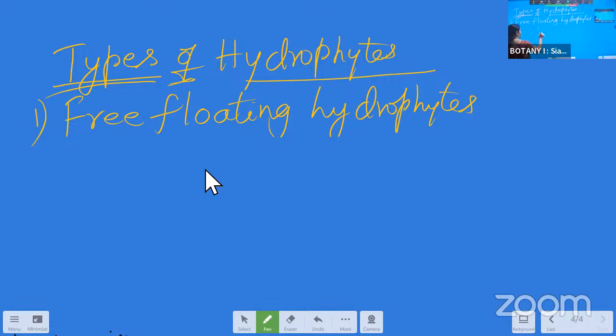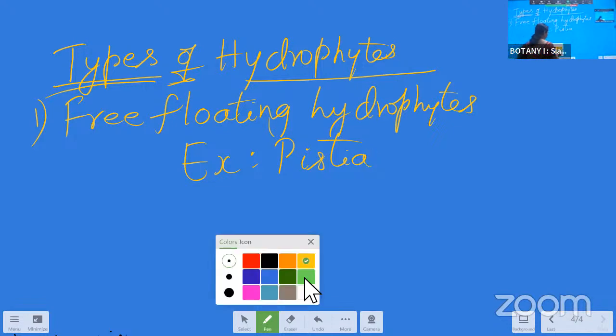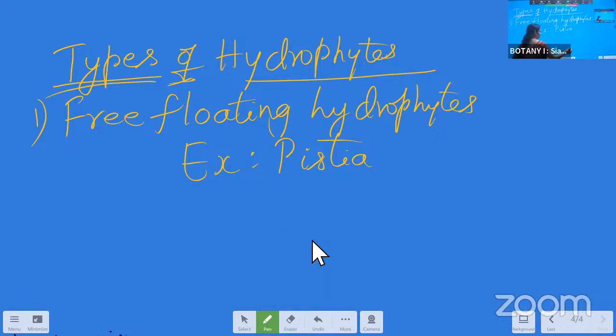And the best example in this one is Pistia. Here we have to write only one sentence: the plants which are floating on the water surface are not rooted at the bottom and do not have any contact with the soil molecules. Example, Pistia. Now we have to draw the diagram. Here only we need to draw the diagram.